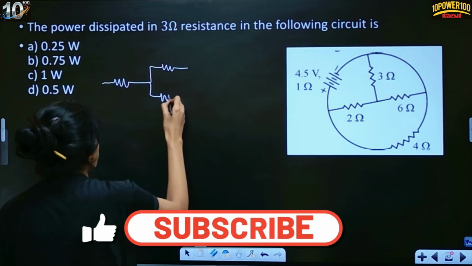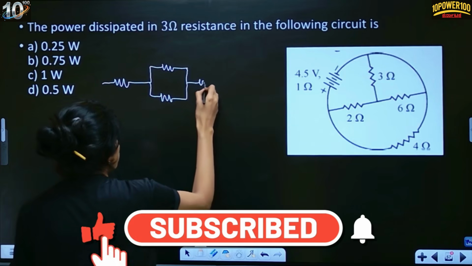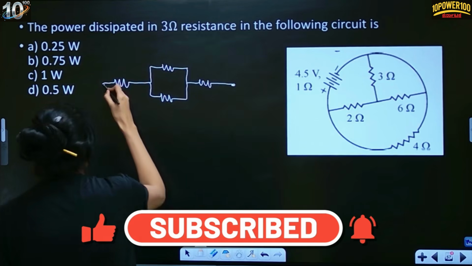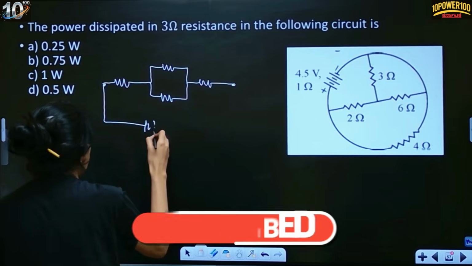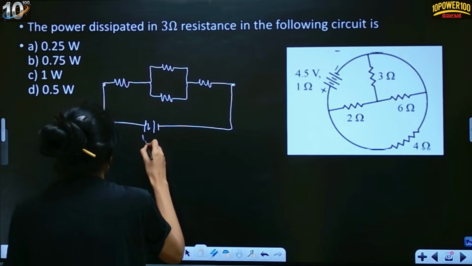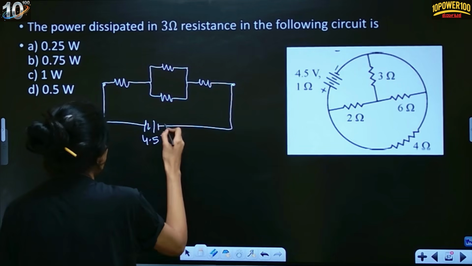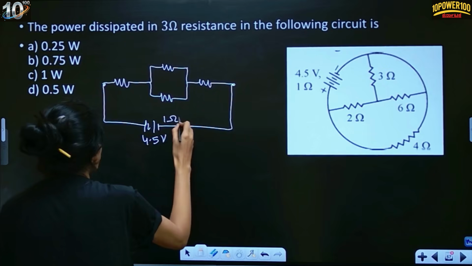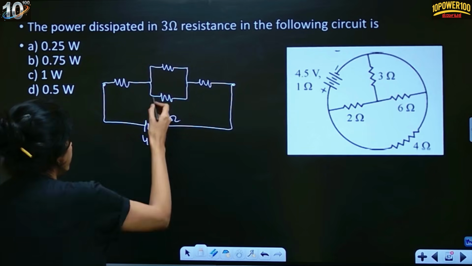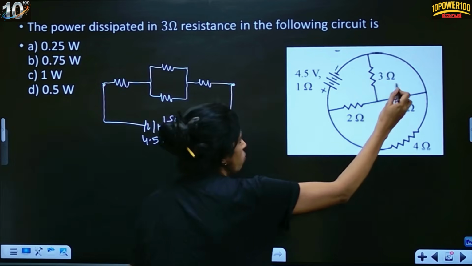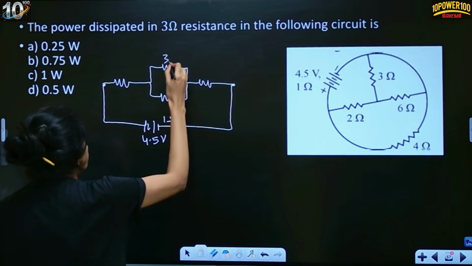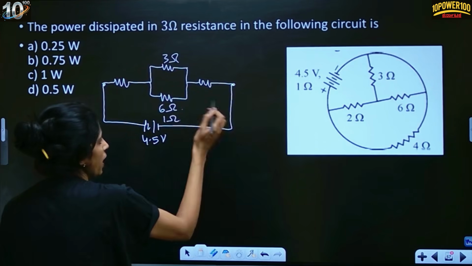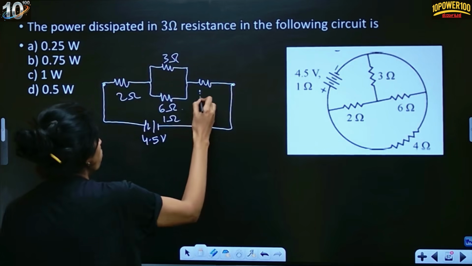This will be the battery, 4.5 volt EMF and internal resistance is 1 ohm. Here 3 ohm and 6 ohm are in parallel, and the remaining 2 ohm and 4 ohm are in series.